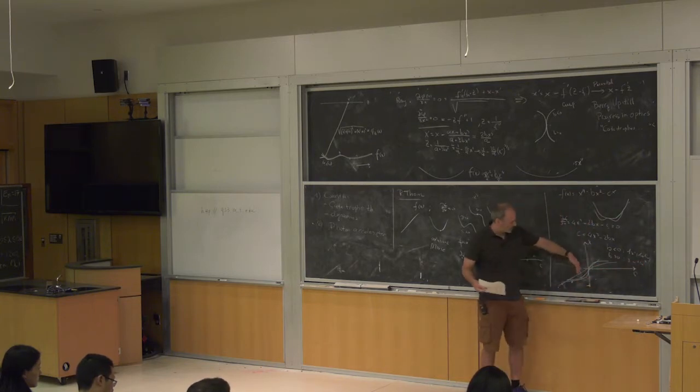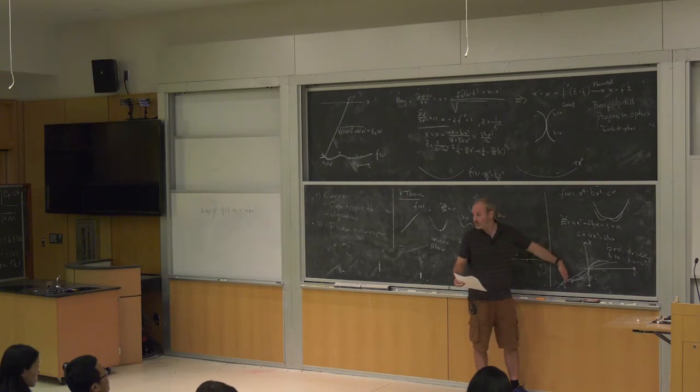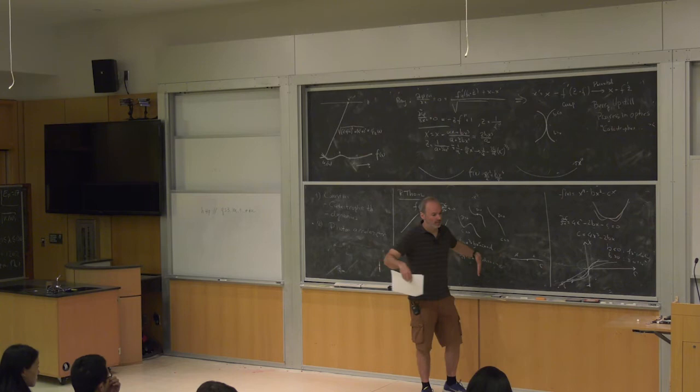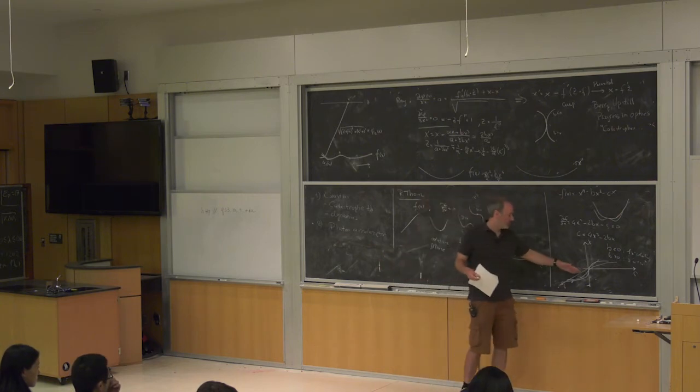So 3 solutions is when this vertical x line intersects the surface in 3 points, and there will be one solution when it intersects in only 1. Okay. And now the question is, what is the curve in the BC plane where I go from one solution to 3 solutions?